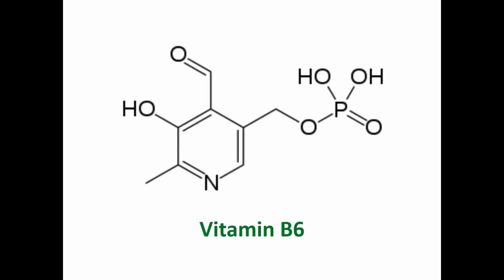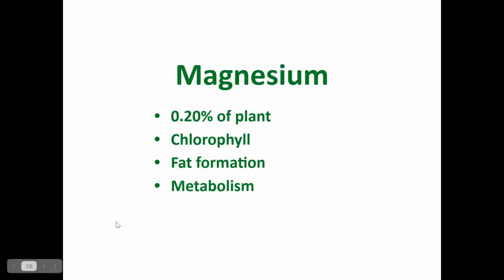And here we come to a use for potassium, in that it is used to form vitamin B6, which our bodies need as well as plants need. And here we have this wonderful little potassium molecule over here, still hooked to hydrogen, oxygen, and nitrogen. The next item is magnesium, which is 0.2% of plant.